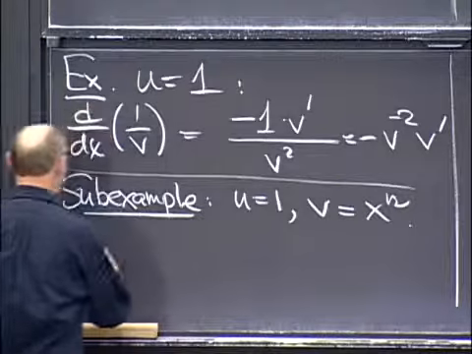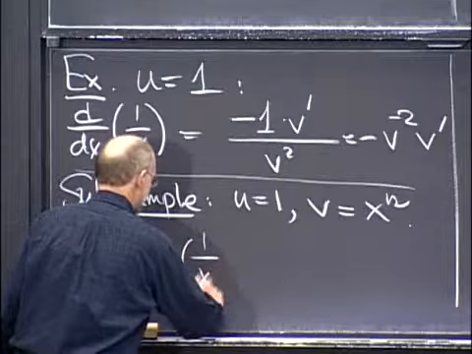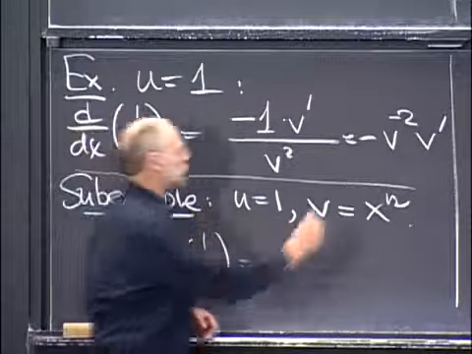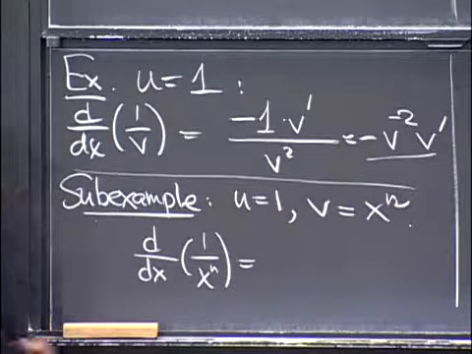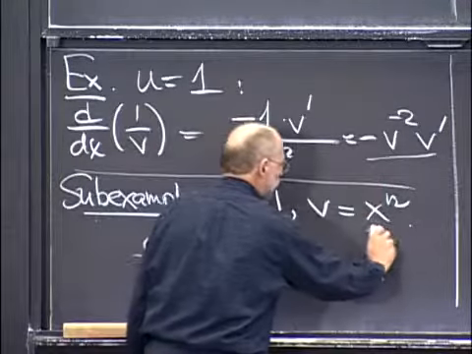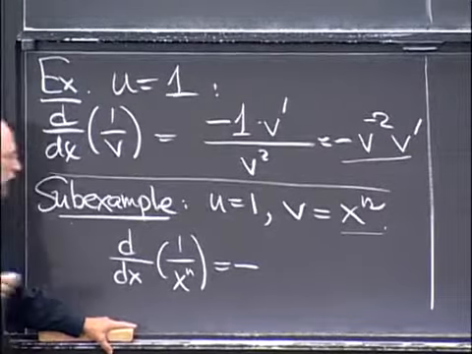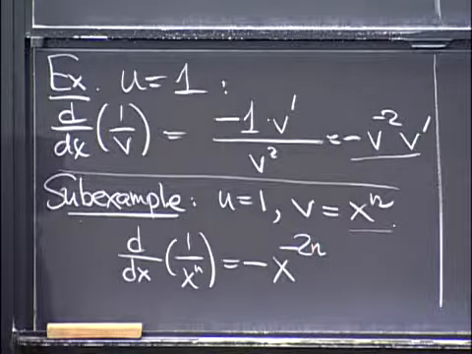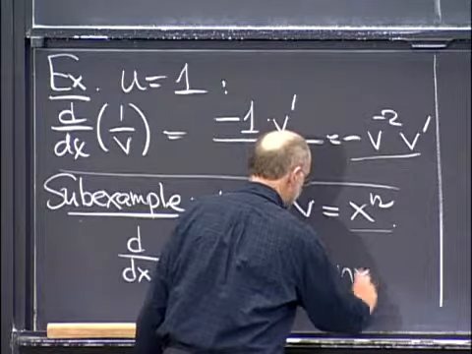So what do I get here? d over dx of 1 over x to the n is, plugging into this formula here, with V equals x to the n, I get minus V to the minus 2. All right, if V is x to the n, V to the minus 2 is, by the rule of exponents, x to the minus 2n. And then V prime is the derivative of x to the n, which is n x to the n minus 1.